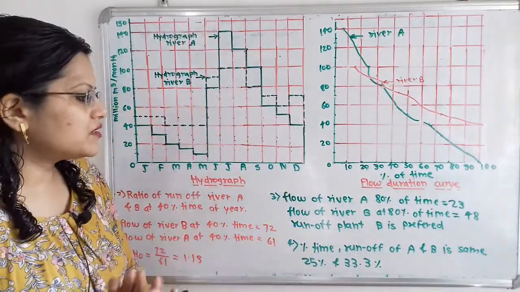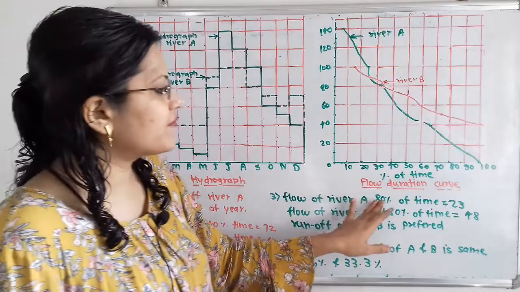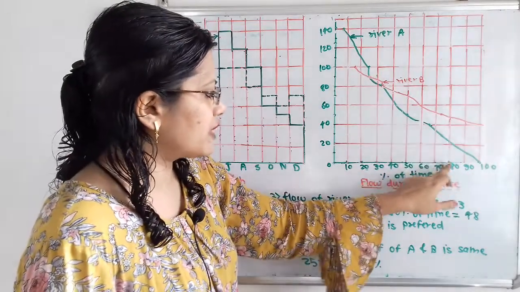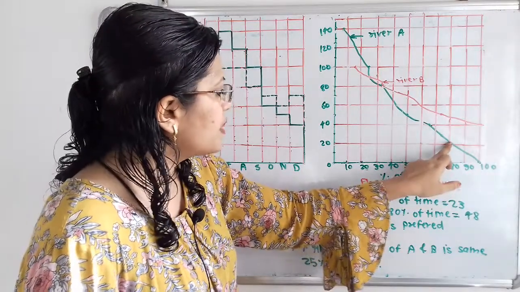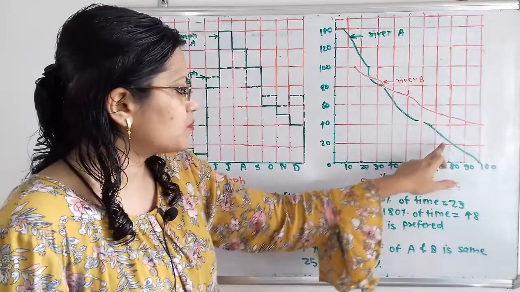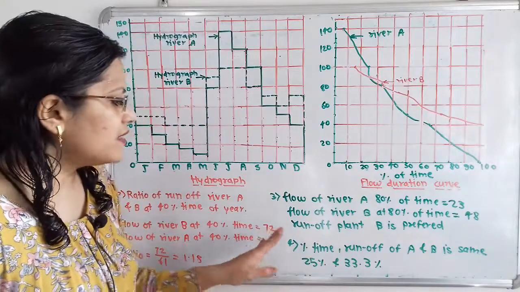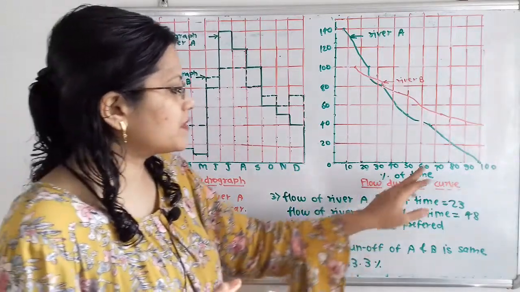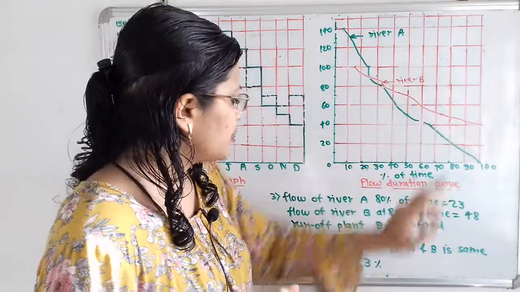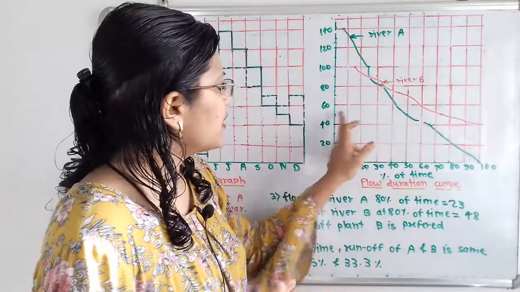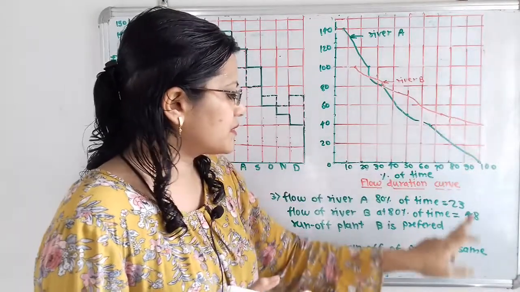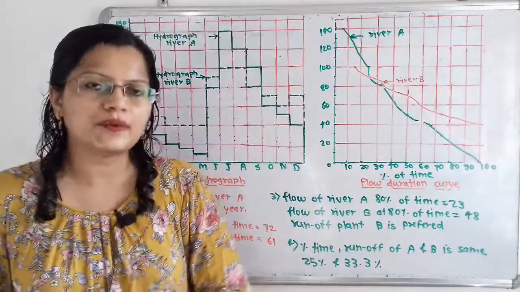So we will first find out what is the flow of river A for 80% of time. For 80% of time, flow of river A is more than 20, that is 23 million meter cube per month. And what is the flow of river B at 80% of time? It is nearly 50, that is below 50, that is 48 million meter cube per month.